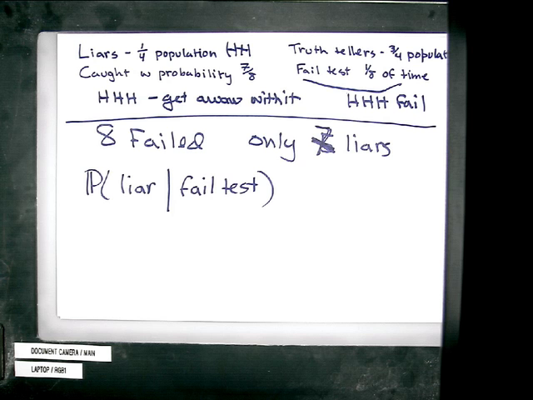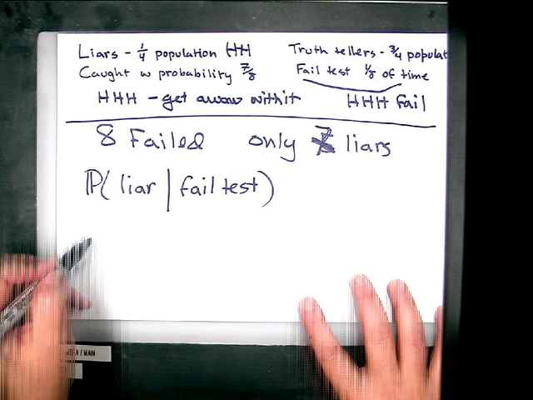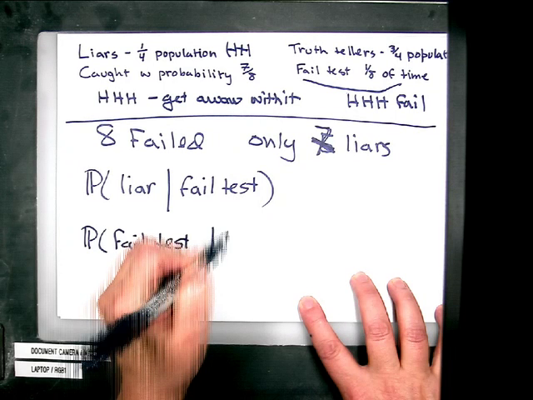What does it mean that a liar is caught with probability 7/8? That says the probability you fail a test, given you're a liar, is 7/8. That's not the same as the probability you're a liar, given you failed the test.